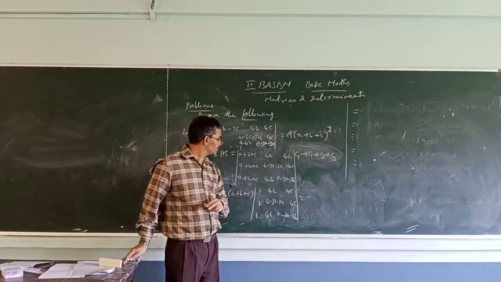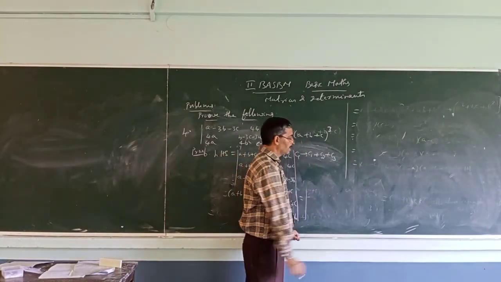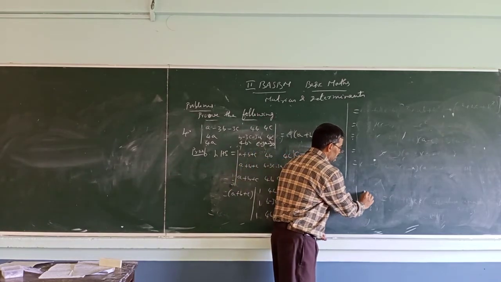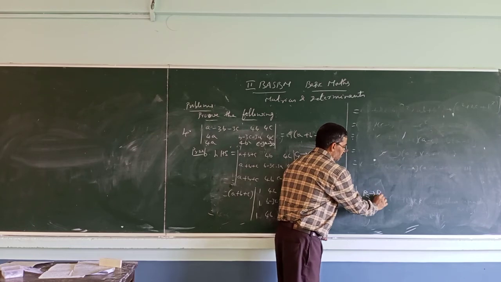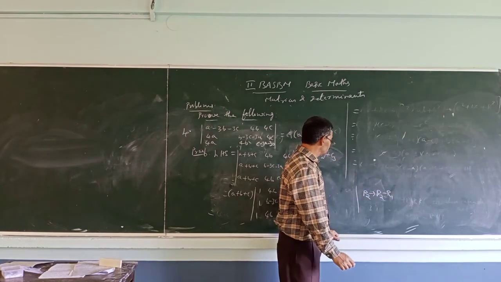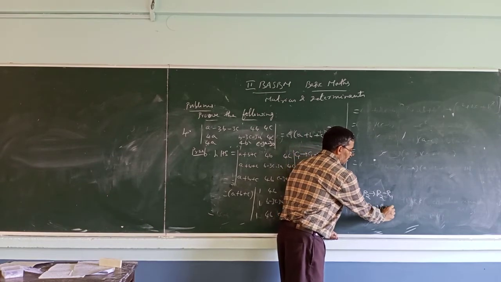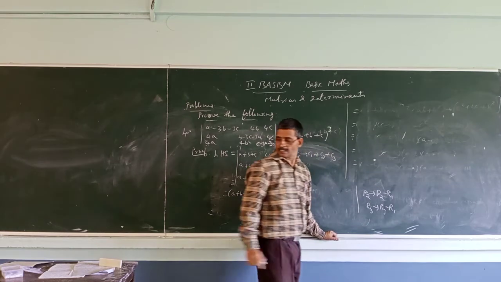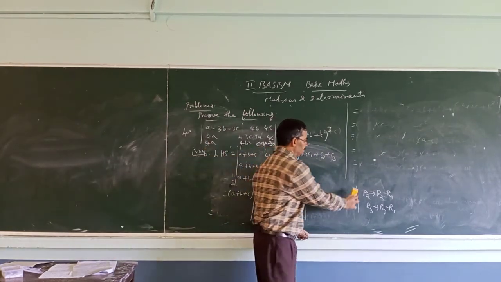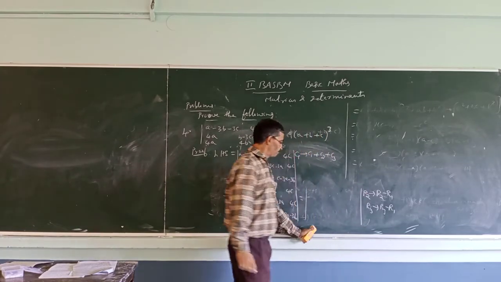So the operation is R2 changes to R2 minus R1, and same way R3 changes to R3 minus R1. You are changing the second and third rows. Let us do that.